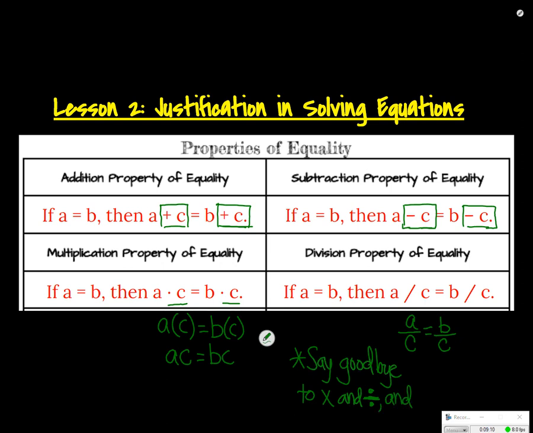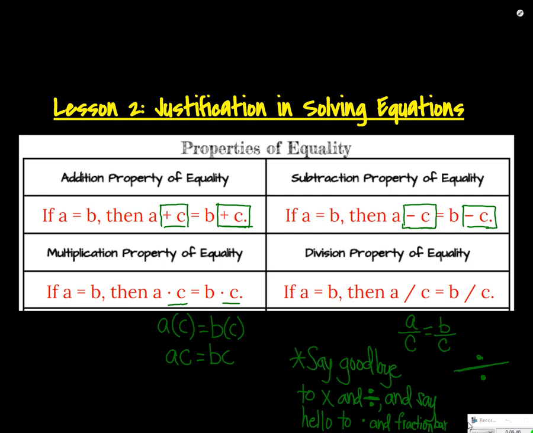And say hello to your times, that's a dot, and your fraction bar. I'm going to run out of room. Okay, so you're going to say bye to the X to represent multiply and that division sign, which really, that division sign when you do this and this and this, that's your fraction bar right there.